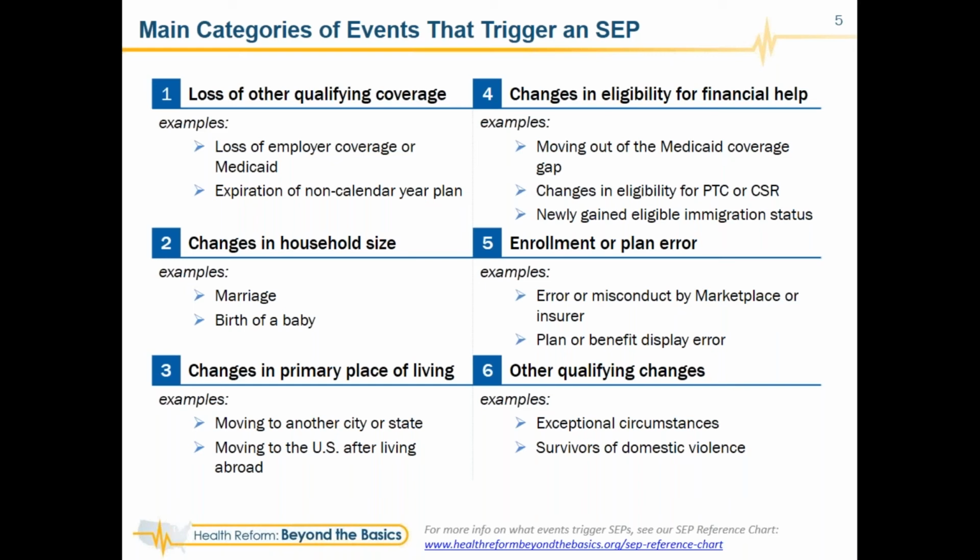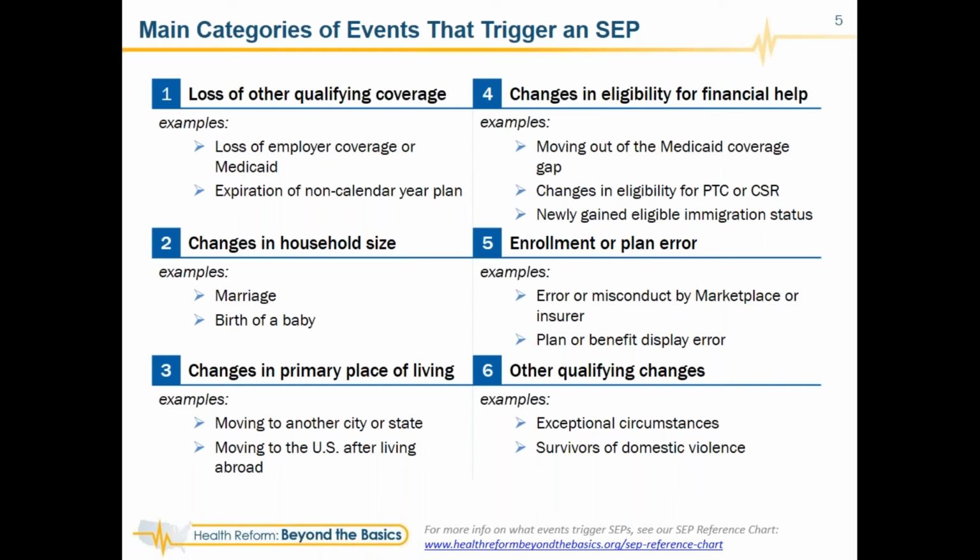The eligibility rules around qualifying events that trigger an SEP haven't changed too much, but the main thing to point out is that a lot of these SEPs do require some sort of prior coverage in order to be eligible for the SEP. Some of these existed before the new HHS rule, like someone who has a change in eligibility for cost sharing reductions.